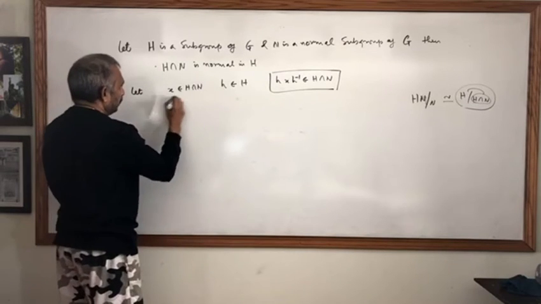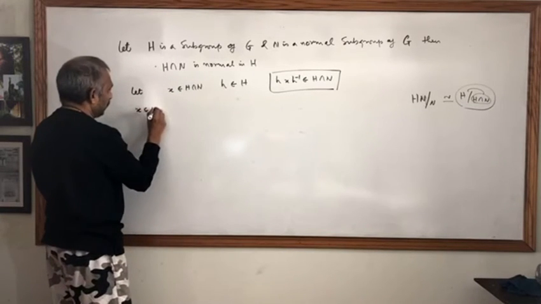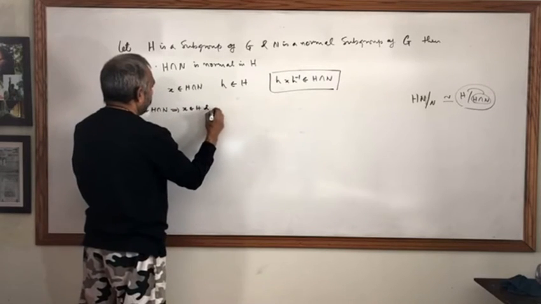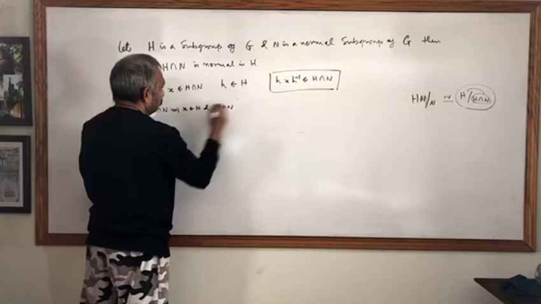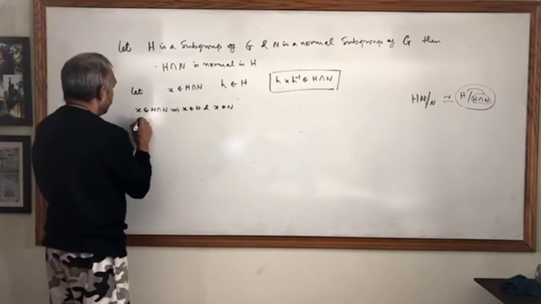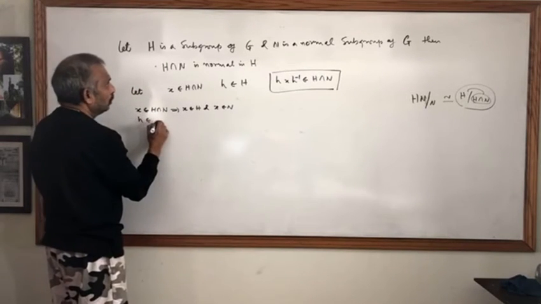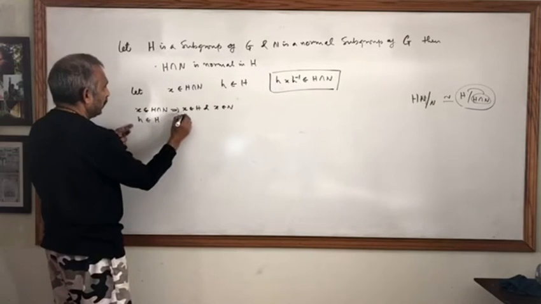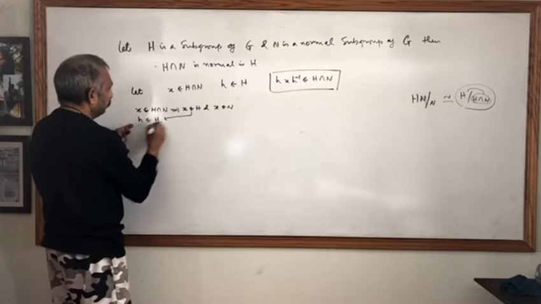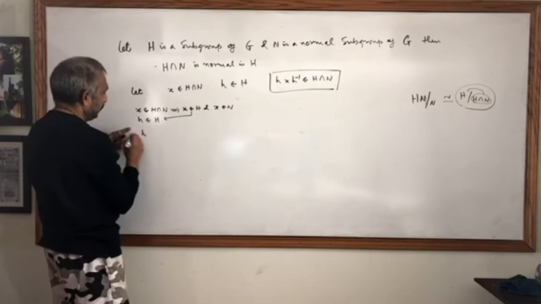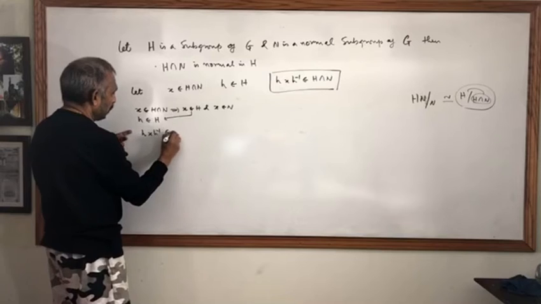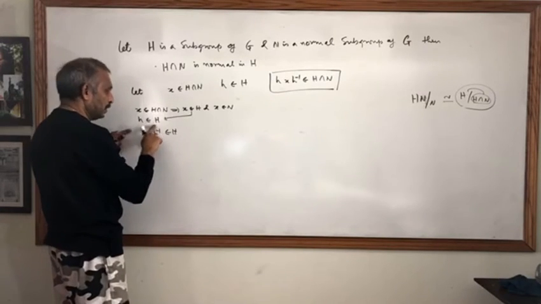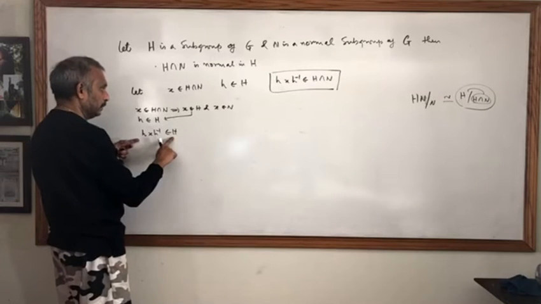X belongs to H intersection N implies x belongs to H and x belongs to N, and h belongs to H. We'll take these two together. So h inverse x h belongs to H because x is from H, h is also from H, so this is in H.